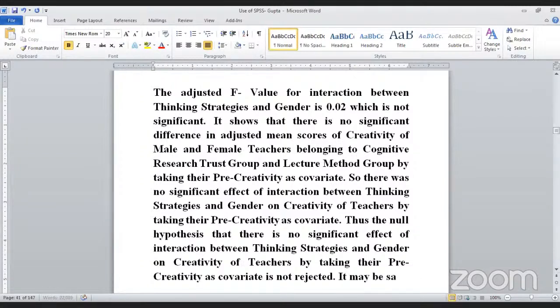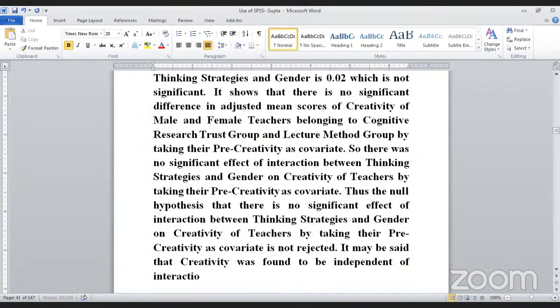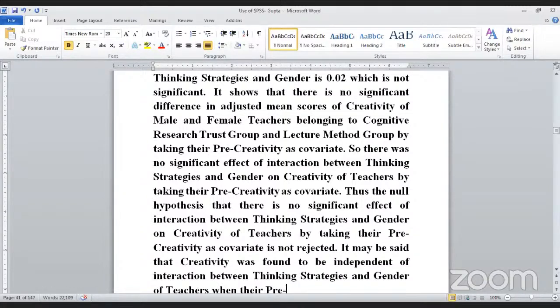It may be said that creativity was found to be independent of interaction between thinking strategies and gender of teachers when their pre-creativity was taken as covariate.